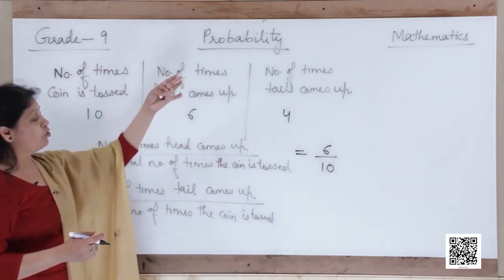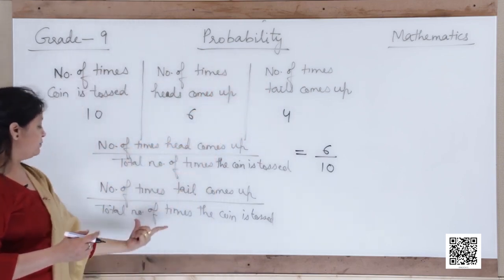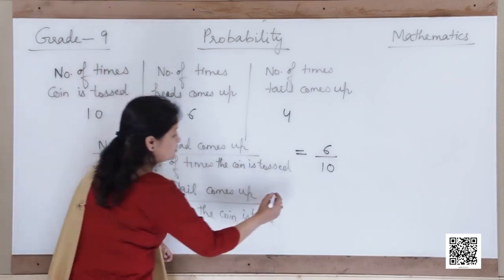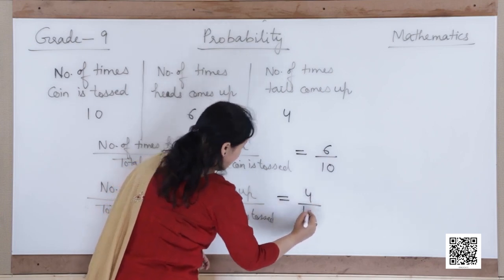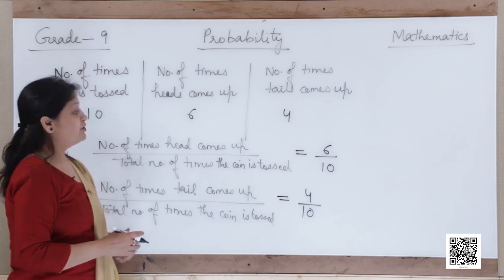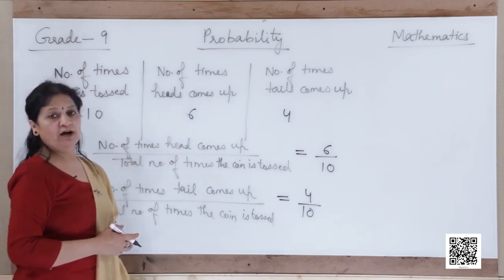Similarly, note down the fraction for tails: number of times tails comes up is 4 and the number of times the coin is tossed is 10. So, we have got 6 by 10 and 4 by 10.